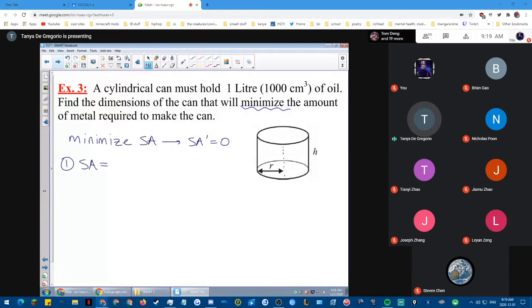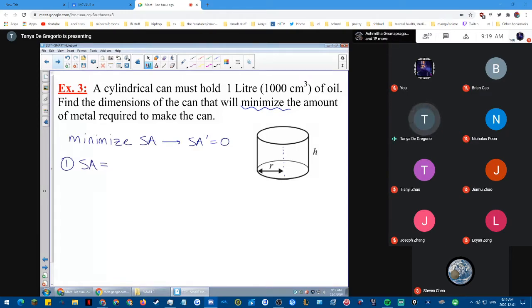What are the dimensions of that rectangle? So if I'm going to cut this, what is the length? We know the width of it will be the height. Yes, we can very clearly see that. So what would the length of it be? Yes. Beautiful. The circumference of the circle, right? If I unroll that, I'm going to see that the dimensions of that rectangle are the height by the circumference of the circle.